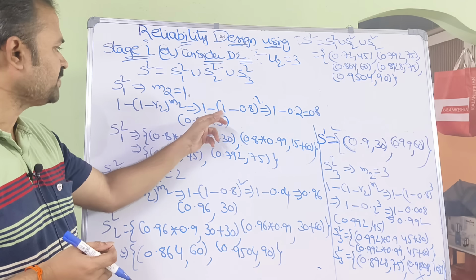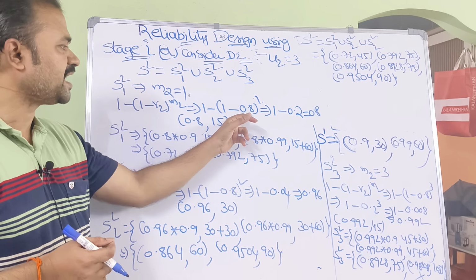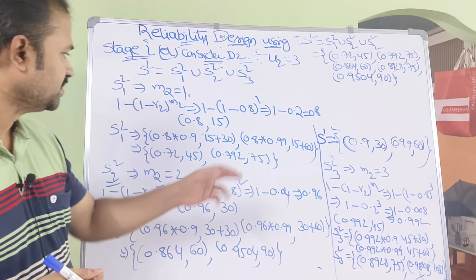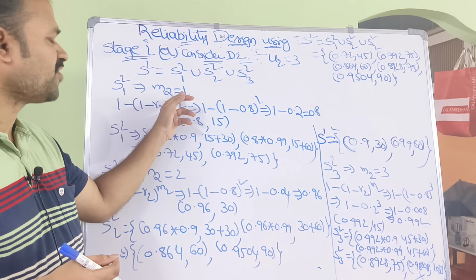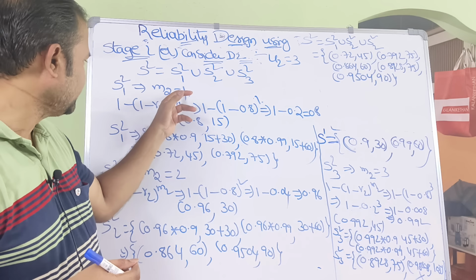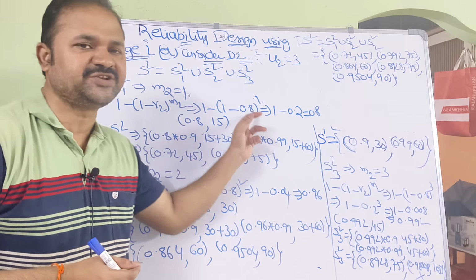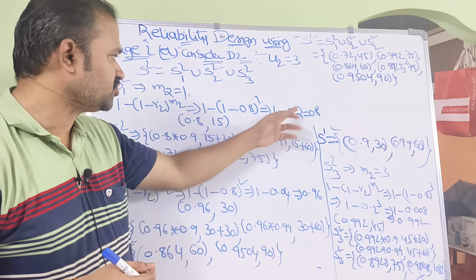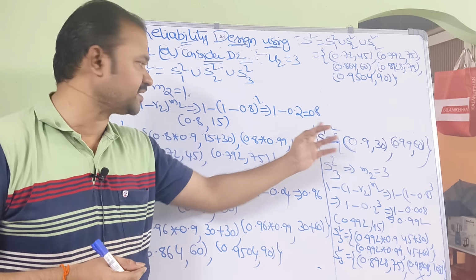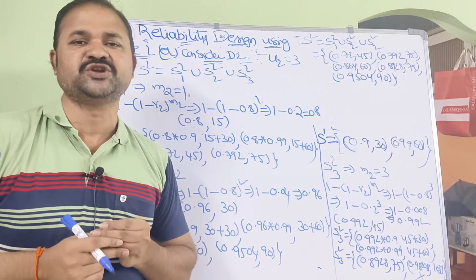That is equal to 1 minus, here R2 value is 0.8, whole power 1, that is equal to 1 minus 0.2, which is 0.8.